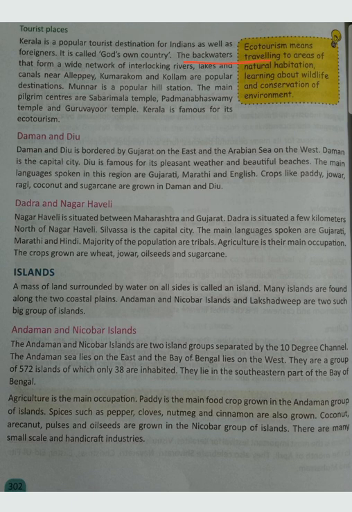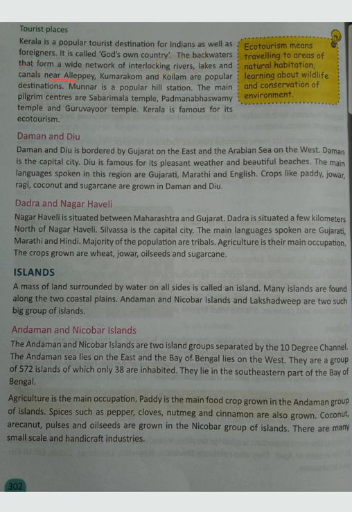The backwaters form a wide network of interlocking lakes, rivers, and canals. Okay, so remember these. That means the rivers, lakes, and canals are all interconnected.